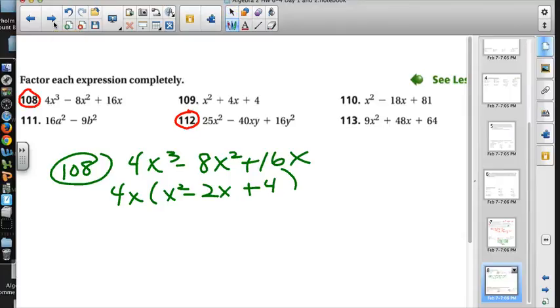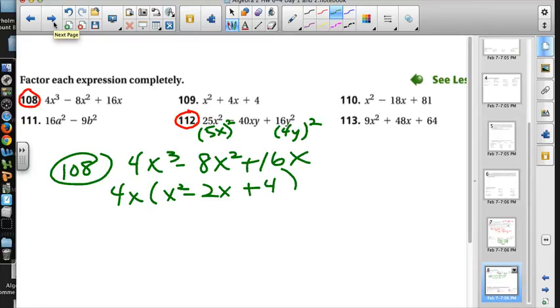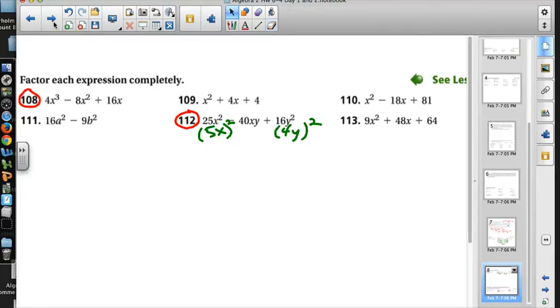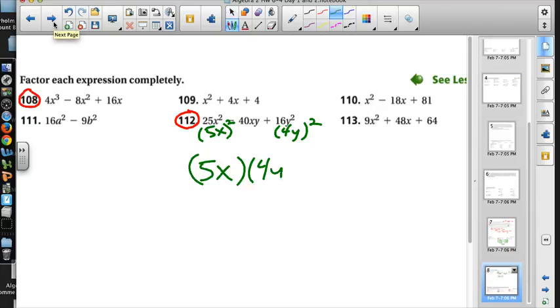112. 112 makes me very suspicious that this is a perfect square trinomial, so I take a look. That is 5x squared. That is 4y squared. And again, what we have to do is check that middle term. So is 5x times 4y times 2 equal to 40xy?